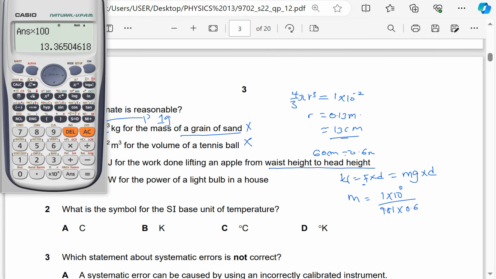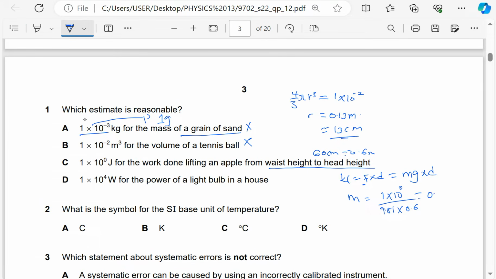Let's check. 9.81 times 0.6. We have that. Then 1, that is 1 divided by the answer, because 10 power 0 is 1. So 1 divided by the answer. This is giving me 0.16 or 0.17 kilograms.